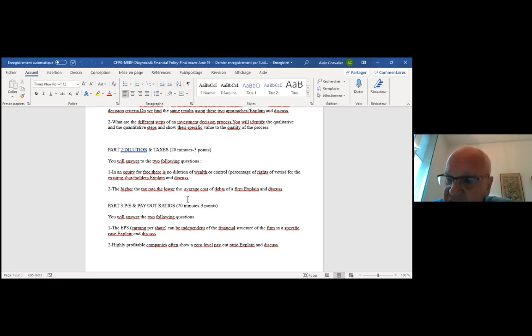When you decrease the tax rate, compared to equity, it's less interesting to finance the firm through debt. So in countries where you have high tax rates, this is globally an incentive for financial decision makers, the CFOs, to finance their firm using debt contracts.